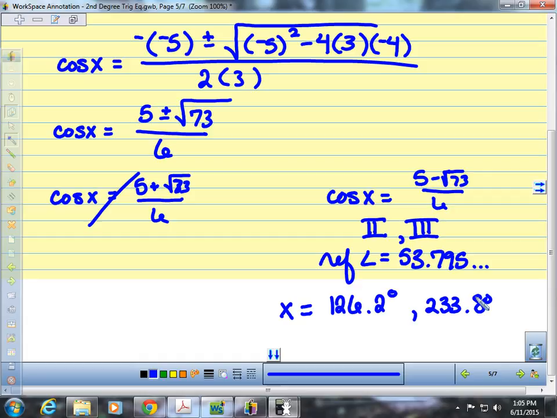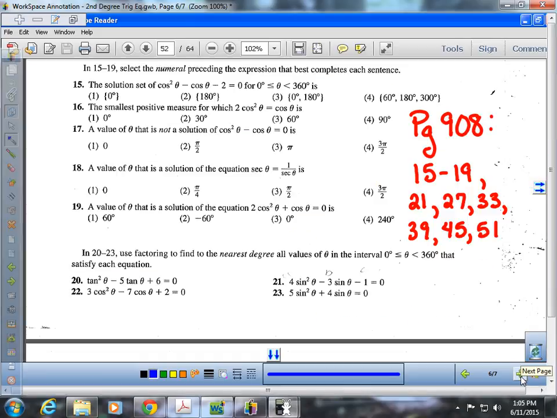Okay. All right. Homework done, folks. We are going to cut that down. If you can solve one quadratic trig equation, you can solve a dozen. But they are lengthy. You are going to do all of 15 through 19. Why are you going to do all of 15 through 19? They're multiple choice, and you're going to do them where? In your calculator.